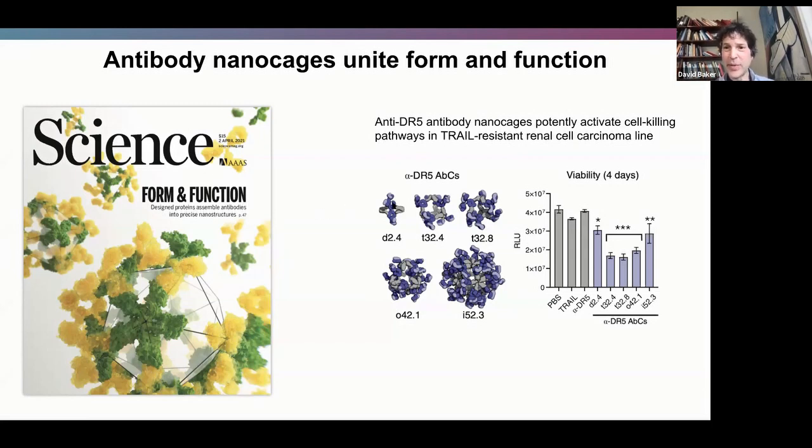And this is an example with an anti-death receptor antibody, where this antibody alone doesn't do anything to tumor cells, but by changing the presentation of the antibody, it changes the engagement of the death receptor, and we get killing of the cells.